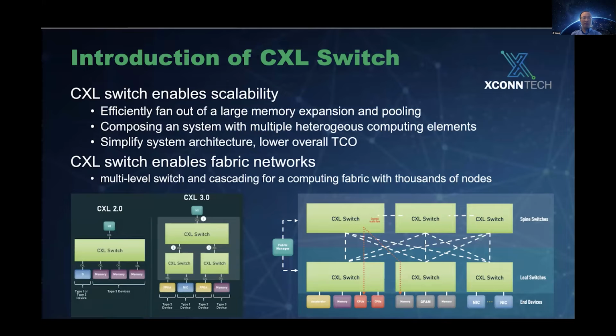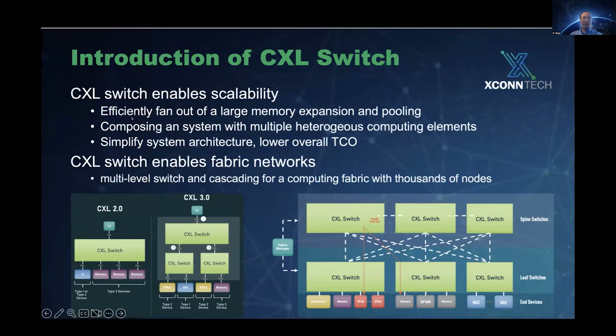Think about every CPU or device: they can only have a limited number of CXL ports, and it would be very hard for them to directly connect to each other. But a CXL switch provides more like a hub that enables everybody to connect to it and then directs the connectivity between all these devices.